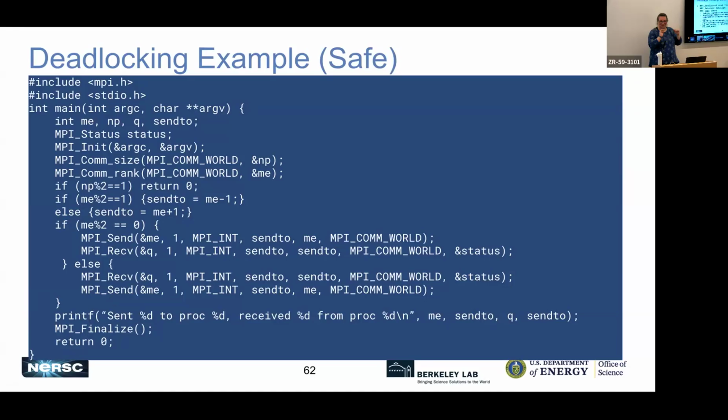I'm going to send you my data, and you're going to be there ready to receive it. And then after my data gets sent, I'm going to start receiving, and you're going to be ready to send me your data. And this is a safe example. This will always work no matter what.